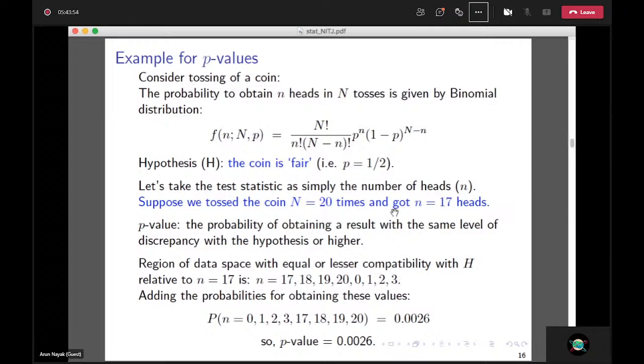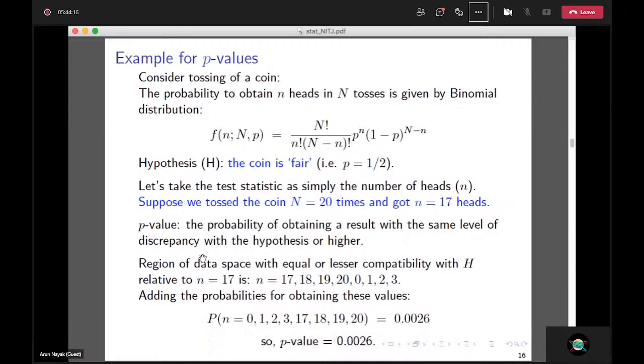So what is the value of the p-value in this experiment? The p-value is the probability of obtaining a result with the same level of discrepancy with the hypothesis or higher. Now what is this? Suppose we got 17 heads.